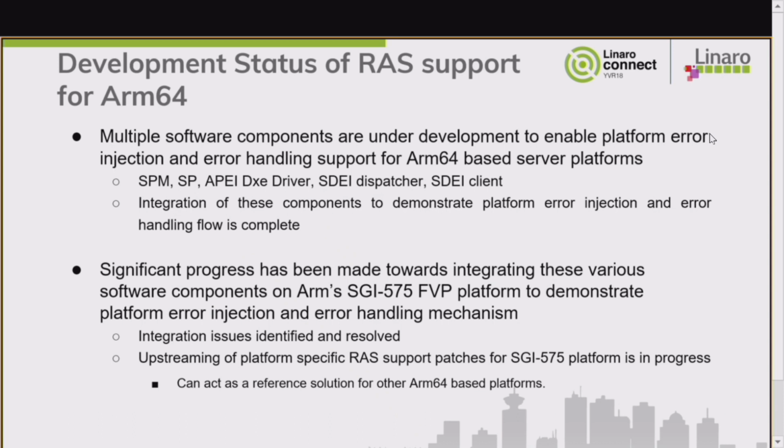Some of the components used for this RAS implementation include the Secure Partition Manager, the StandaloneMM APEI driver, the SDEI dispatcher, the SDEI client, and things like that. Quite a lot of components have been put together to enable a complete end-to-end RAS error handling.